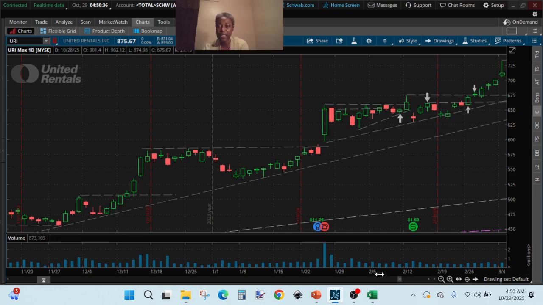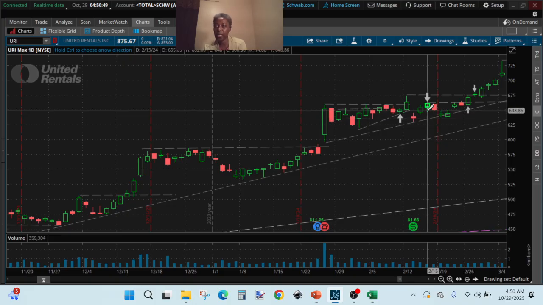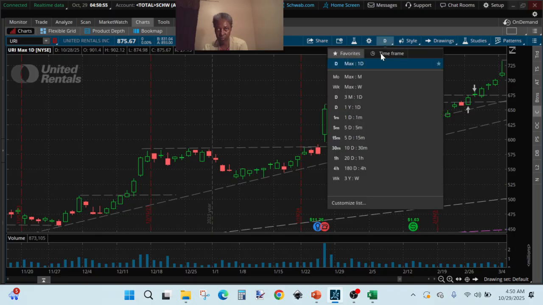The date is on the x-axis from the past to the present, and the price is on the y-axis from 0 up. So I purchased it on February 9 and sold it on February 15. We have the maximum daily chart open, and that's where we are doing the analysis.